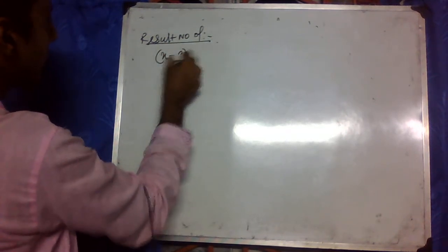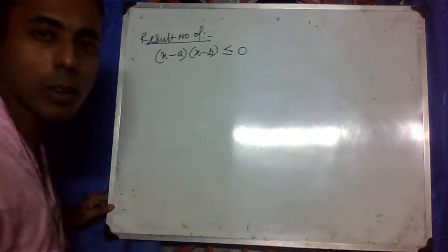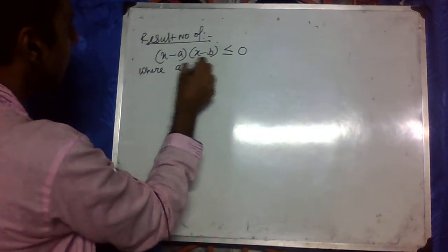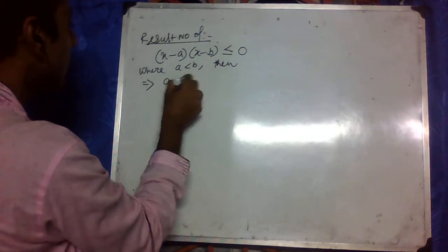(x minus a)(x minus b) less than or equal to 0, where a is less than b, then this implies a less than or equal to x less than or equal to b.